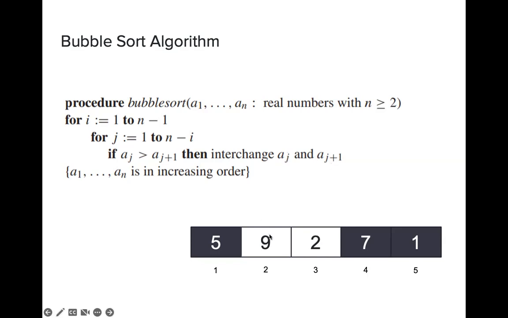Essentially, suppose we are here, a sub 2 equals 9. That means that a sub j plus 1 is a sub 3. If the current is greater than the next, then we will interchange them. In the end, a sub 1 to a sub n will be in increasing order.